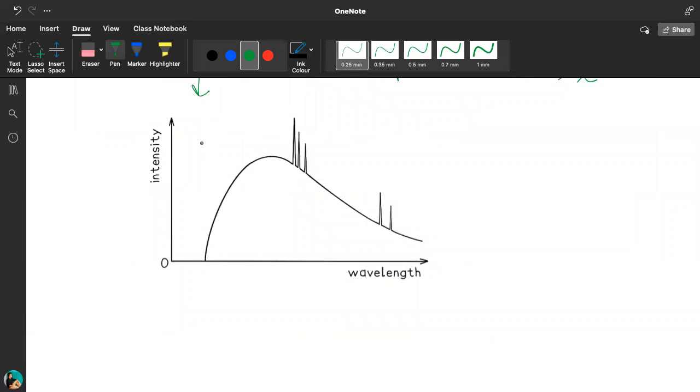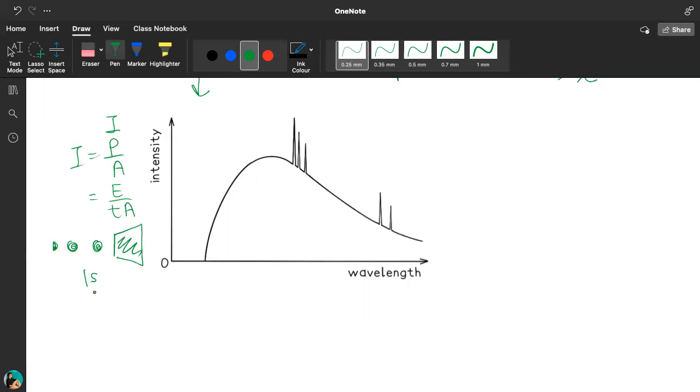All right. Now, on the y-axis, you see there's this intensity. So intensity again is power over area. Power is energy over time. So intensity is just how much energy is arriving in 1 second in 1 unit area. So it's like you have 1 unit area, how much photon is reaching in 1 second.